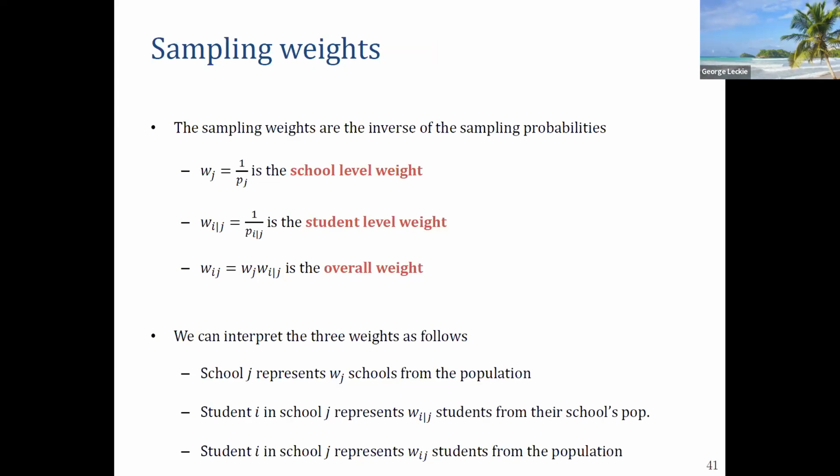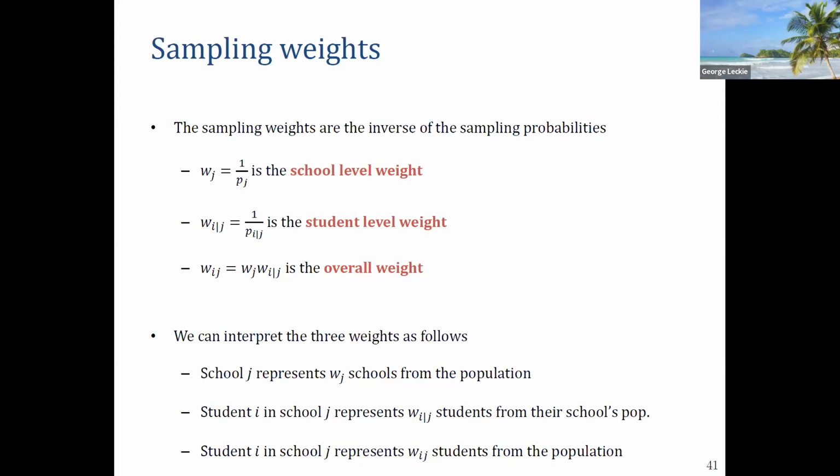To keep it grounded in reality, PISA gives you the WJ, and PISA gives you this overall weight. They do not give you the conditional weight, but we need this for the multi-level analysis. So we're going to have to derive this from the other 2, and we can because they're all related.